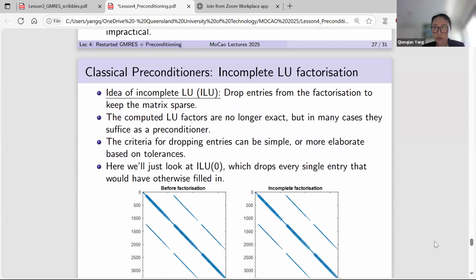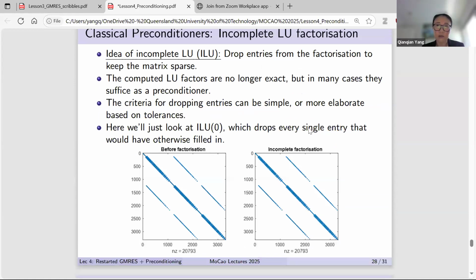All right, so now we move on to incomplete LU. The idea is very simple. I just want to drop entries from the factorization, and then try to keep the matrix sparse. I know that the L and the U are no longer exact, but in many cases they are sufficient to use as a preconditioner. The criteria for dropping entries can be very simple, or more elaborate based on tolerances.